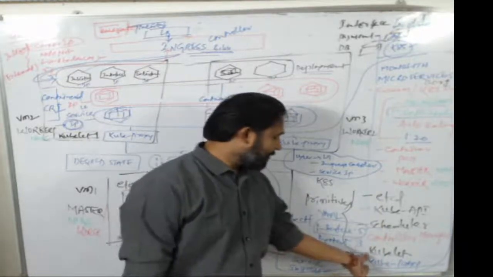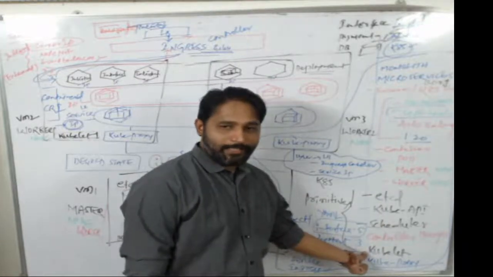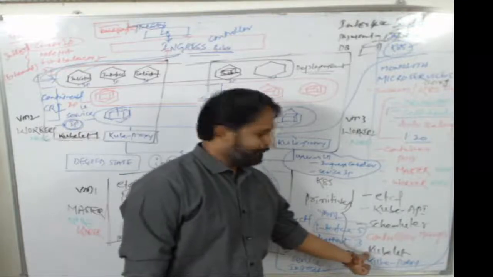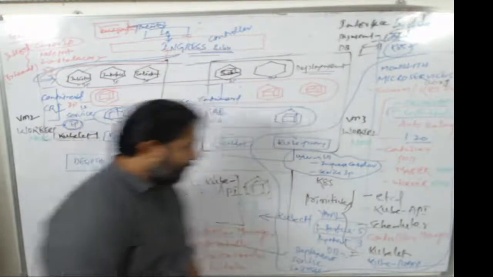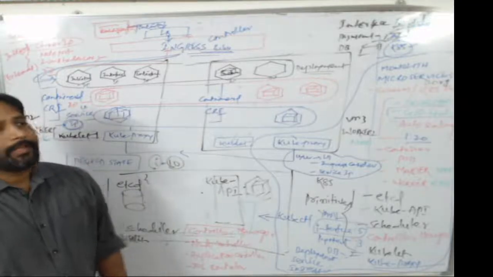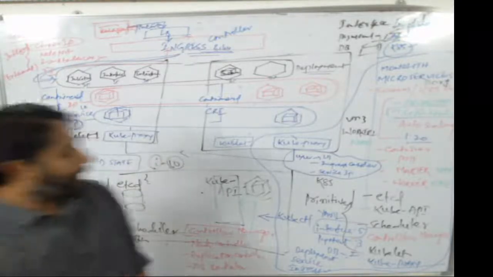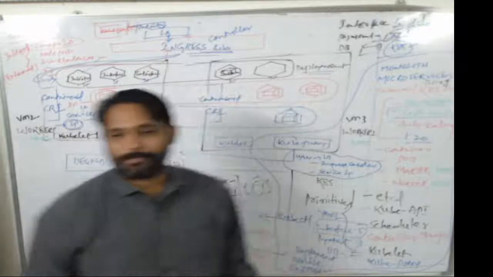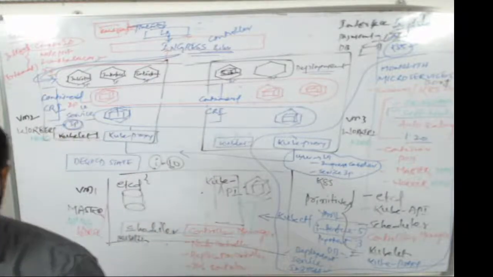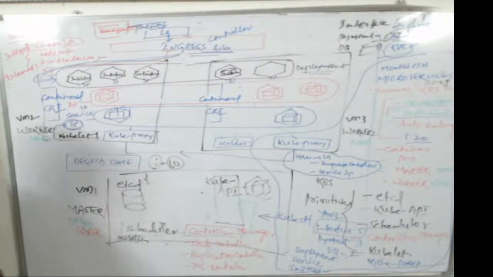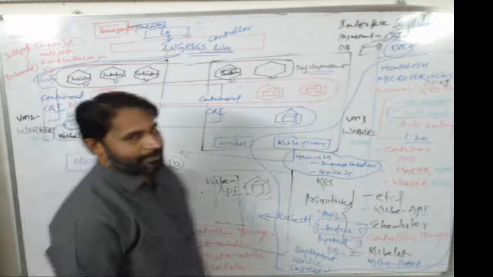The next 2 primitives are on master as well as worker. The 5th one is kubelet. Kubelet creates the pods. Creates, deletes, restarts, it does everything with the pods.